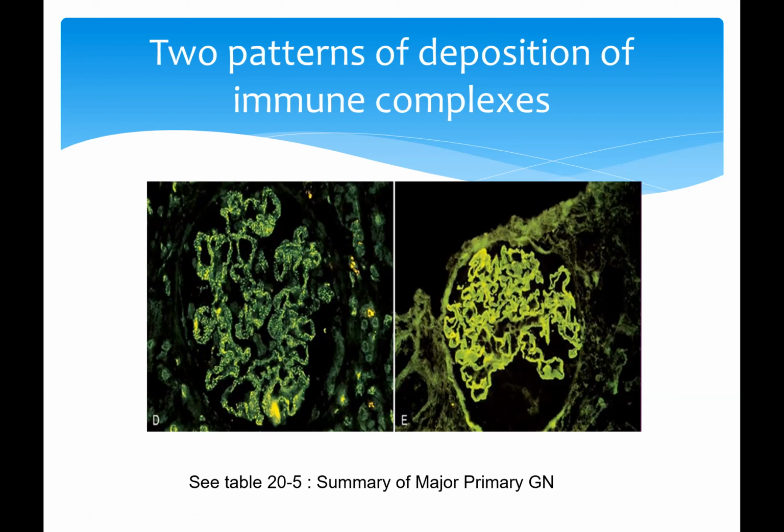The granular pattern is characteristic of circulating and in situ complex nephritis, and the linear pattern is characteristic of classic anti-glomerular basement membrane disease. So do not forget two patterns on EM: granular, linear.